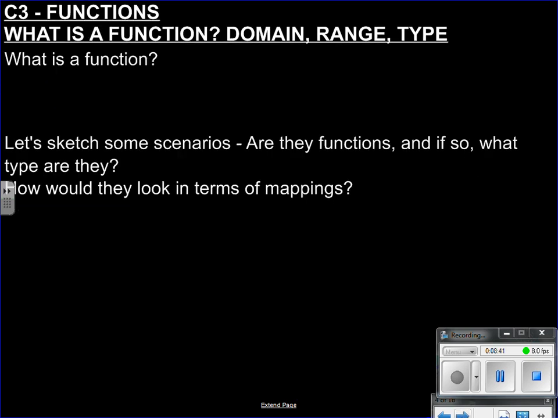Now, what is a function then? So now we know what domains and ranges are. We can describe what a function actually is.